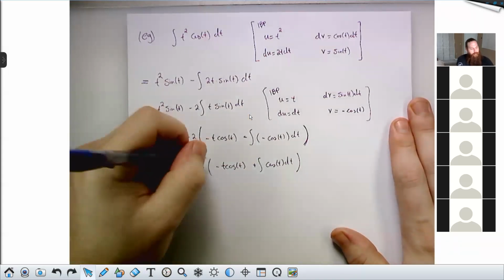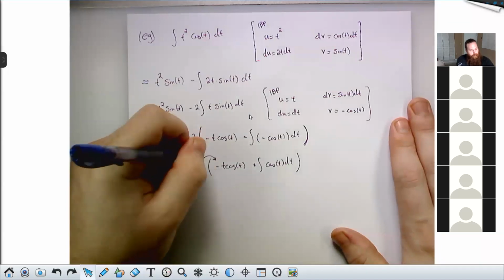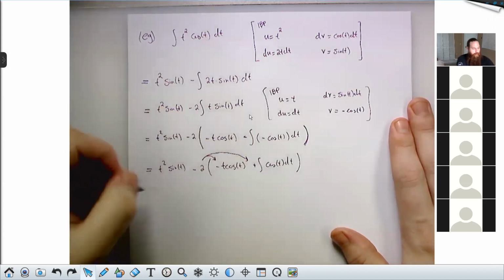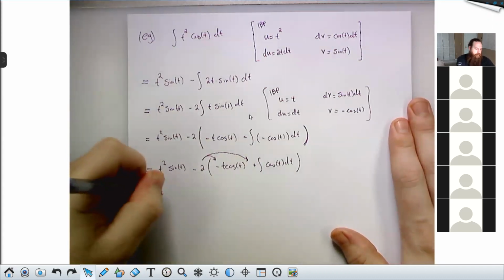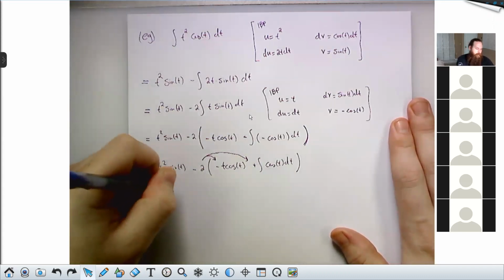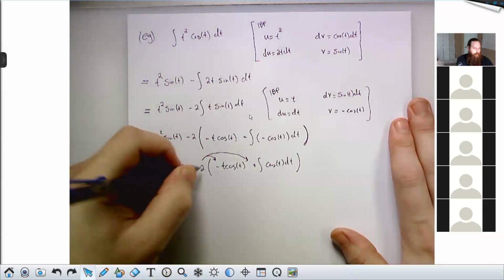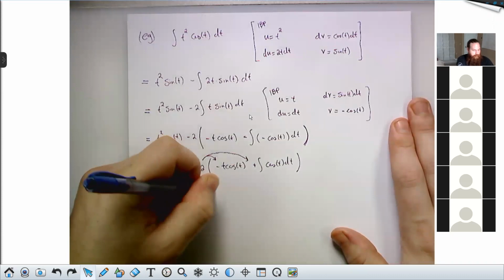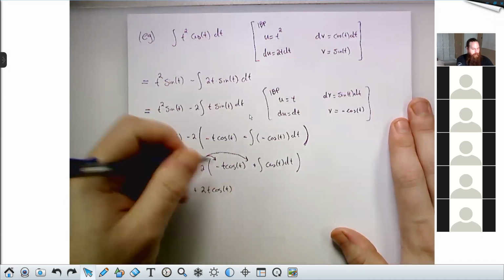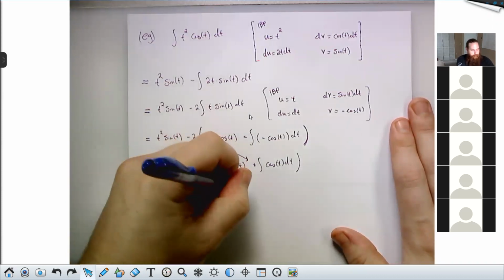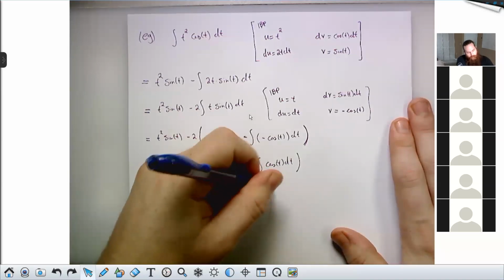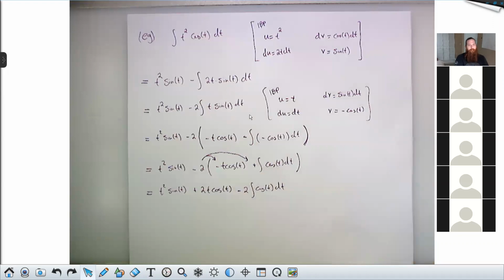But then when we distribute our negative 2, we'll get t squared sine t, minus minus here makes plus 2t cos t, and then minus plus here makes minus 2 times the integral of cos t dt.